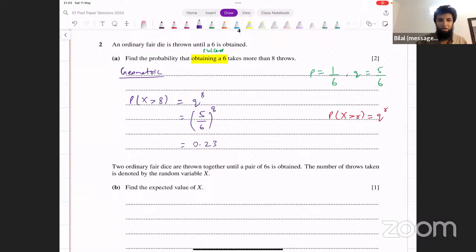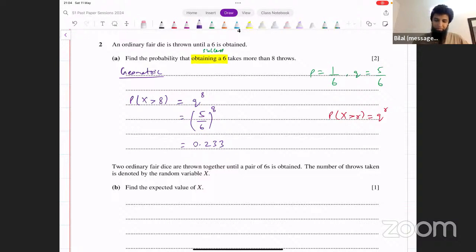If you want to round it off, make sure that you round it up to 0.233. If you write 0.232 here, you lose a mark. Or you can write 4 significant figures and that will be fine. But if you round it off to 3 significant figures and end up not writing the last digit as 3, that will make you lose a mark.